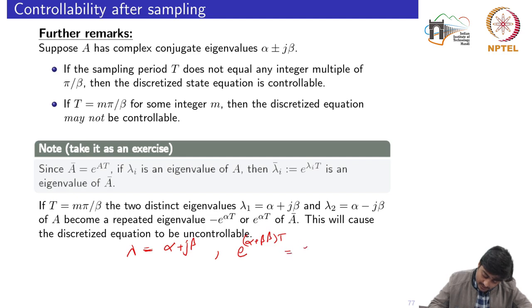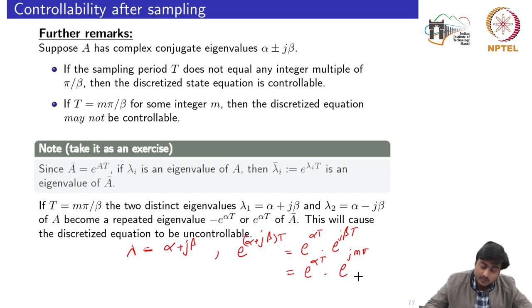So this I can write as e to the power alpha t times e to the power j beta t, and t I already know is a multiple of m pi by beta, so this would become e to the power alpha t times e to the power j m pi, and this part is nothing but either plus 1 or minus 1.